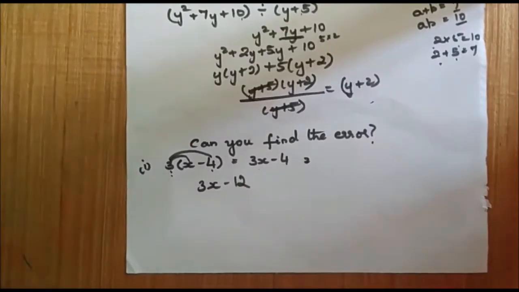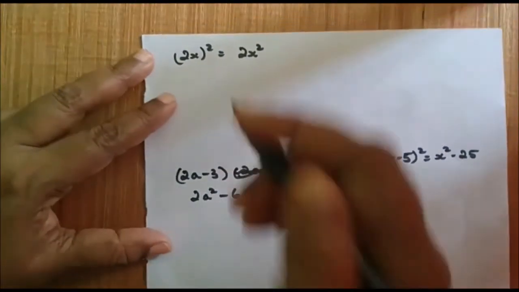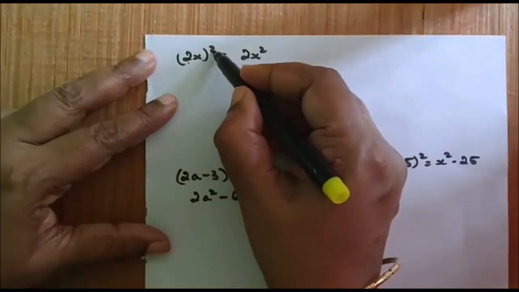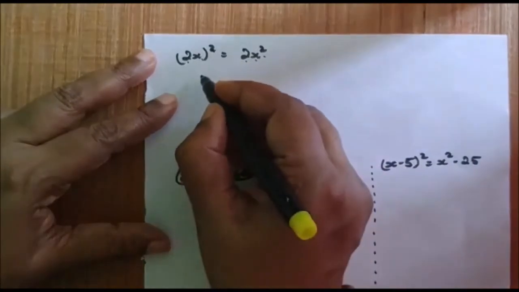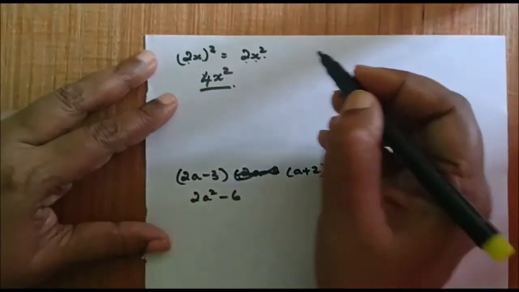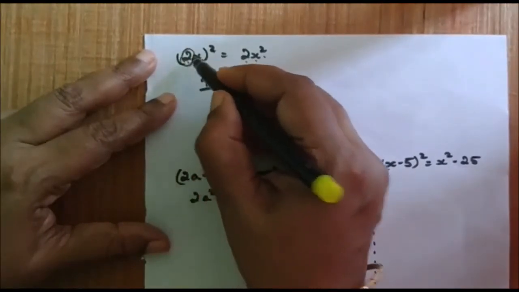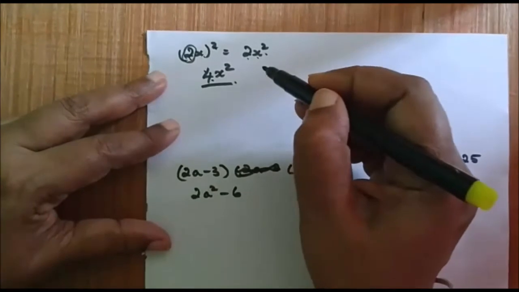These are the common errors which we see when we do the factorizations. Similarly, the next error which we commonly make is 2x the whole squared, written as 2x squared. Is it correct? No. 2x the whole squared means 4x squared. This square applies for 2 also. So 2 will be multiplied by 2, I get 4.